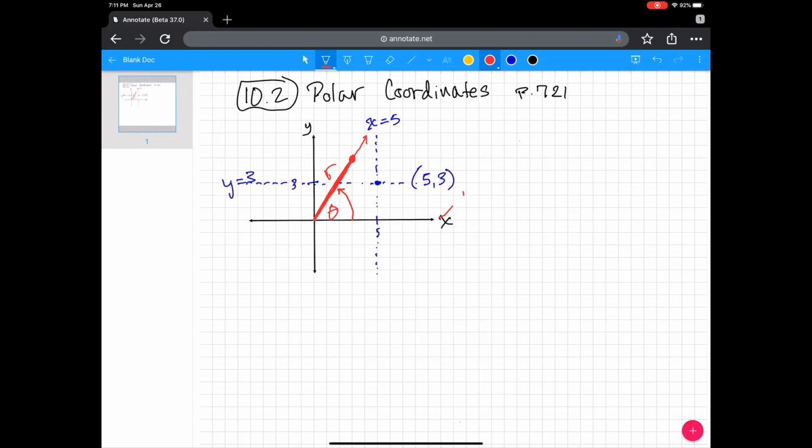So when you give those two bits of information, you could provide theta and r instead of x and y to identify a point.